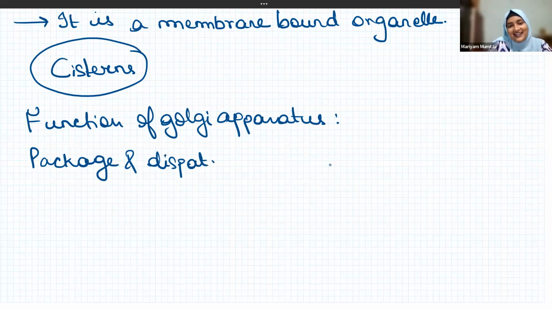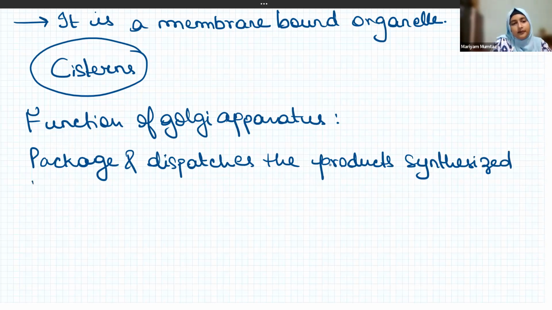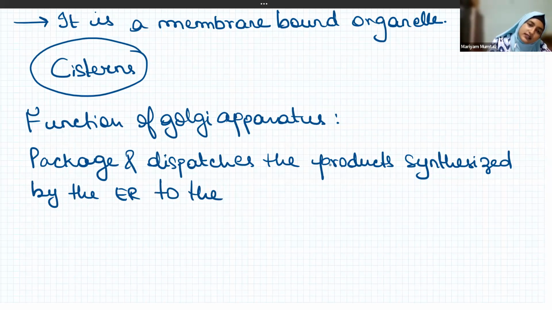So it packages and dispatches the products synthesized by the endoplasmic reticulum to the targets.